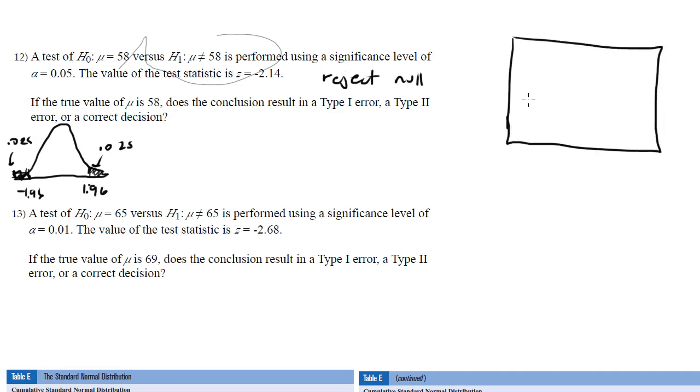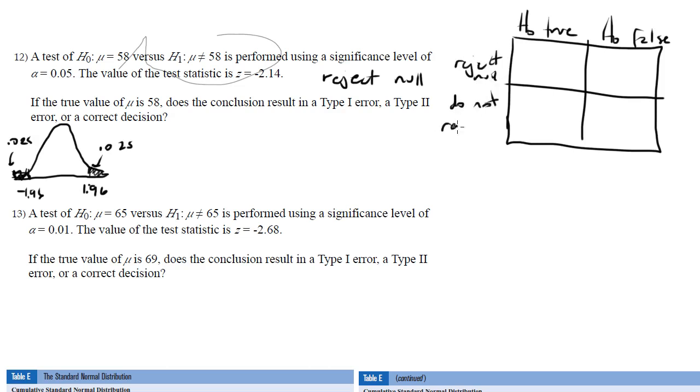So, draw my table again. H0 is true. H0 is false. Reject null, do not reject null. And this is a type 1 error, type 2 error. This is correct, this is correct, right?